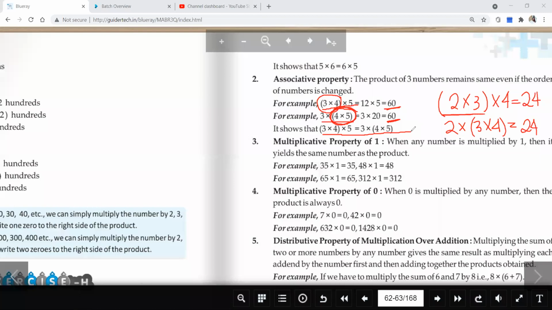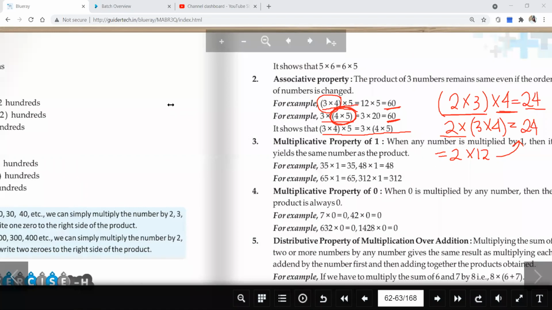Here I have done 6, then we multiplied with 4, and the answer came 24. Here the intermediate step was 2 into 12, then it is coming as 24, right? So the multiplication doesn't depend on the intermediate step. Am I clear right now? I guess that everyone right now understood.